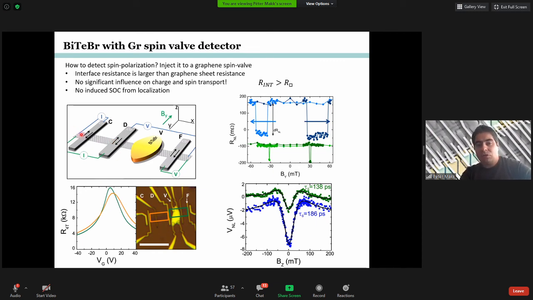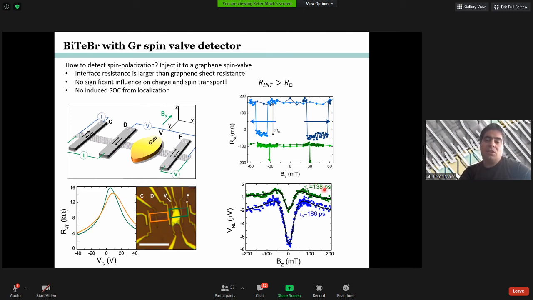However, this is, first of all, not a ballistic system, but a diffusive one. So different electrons travel different lengths, which will lead to dephasing. Moreover, there's also spin relaxation. But at the end, with a simple 1D Bloch equation model, you can fit these curves and obtain the spin relaxation time, which is shown here.